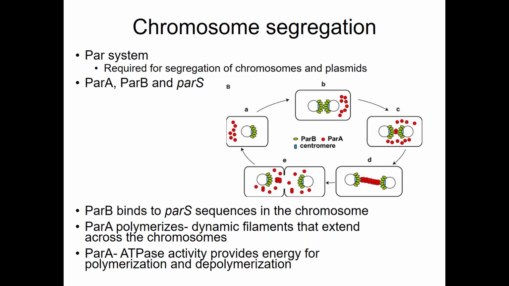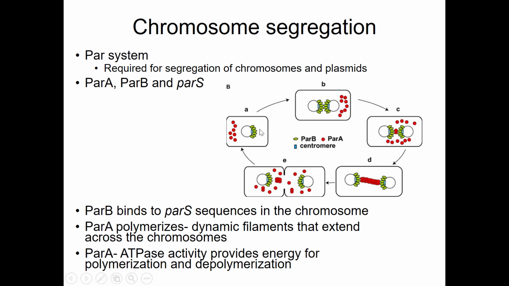But the PAR system requires three components: PAR A and PAR B, which are proteins, meaning that they are trans-acting factors, and PAR S, which is a DNA sequence, meaning it's a cis-acting factor.